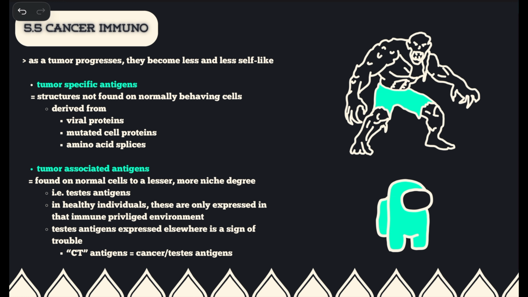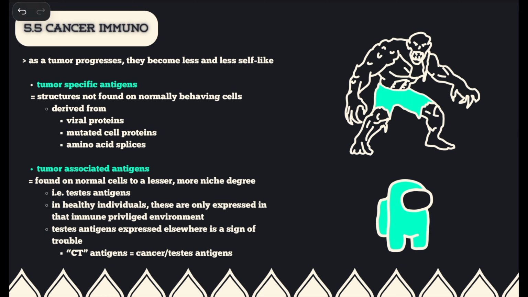Absolutely. Those genes exist within the genetic capacity of the female as well. So yeah, that would be pretty alarming to your immune system, especially for women to express testes antigens.